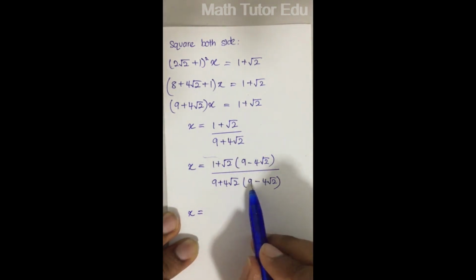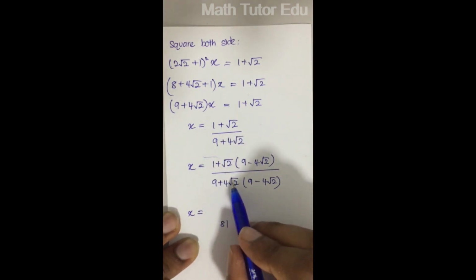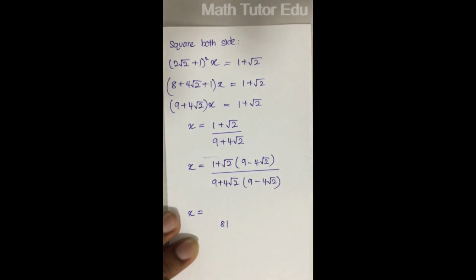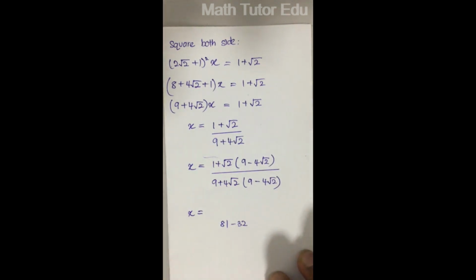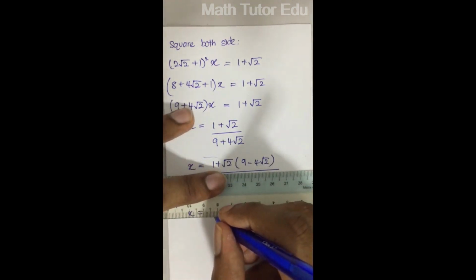So from here, 9 times 9, you get 81. 4 surd 2 times 4 surd 2, 4 times 4, you get 16. Surd 2 times surd 2, you get 2. So 16 times 2 you get 32, but in this case it will be minus 32. Okay, we are done with the denominator.